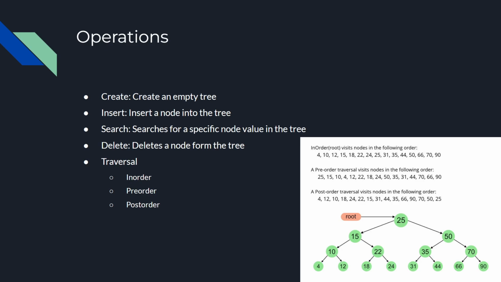There are three main methods of traversal: in order, pre-order, and post-order. In the picture at the bottom right, you can see how each of these three orders visits the nodes. You can think of in order as going from left to right, pre-order as going from top to bottom, and post order going from bottom to top.